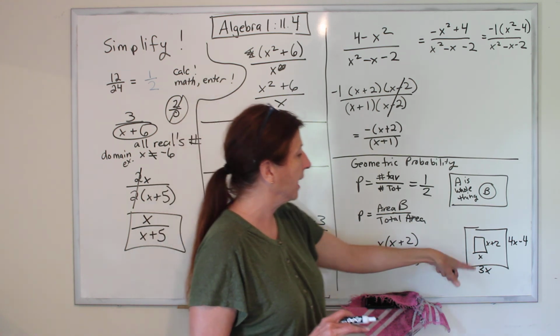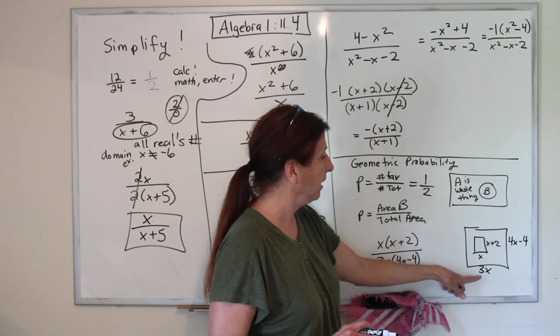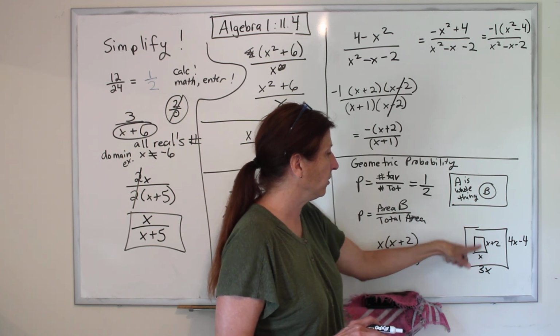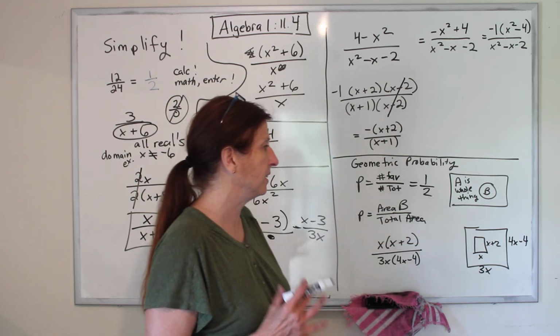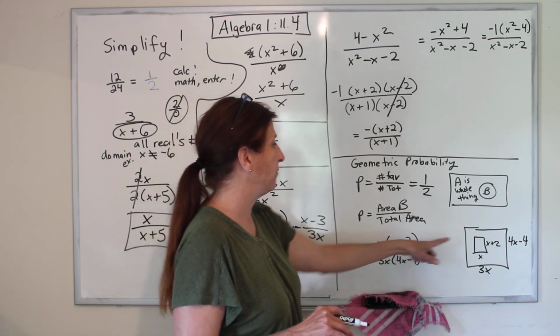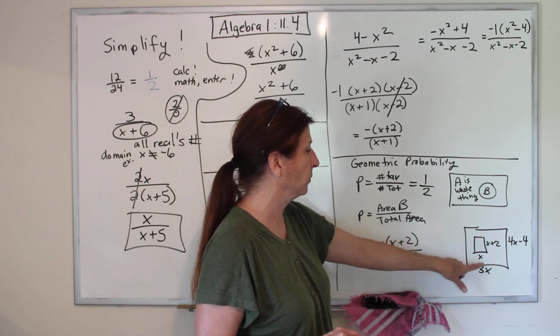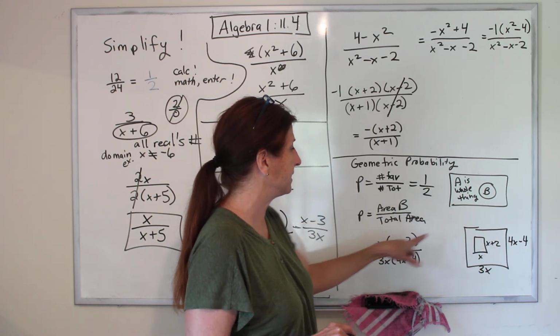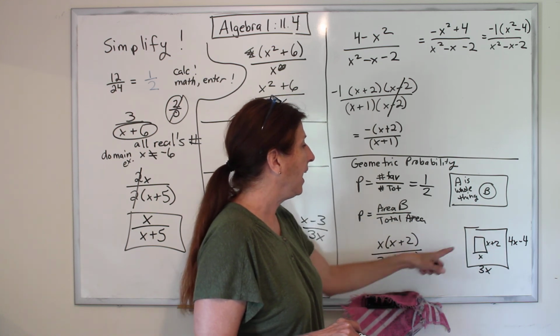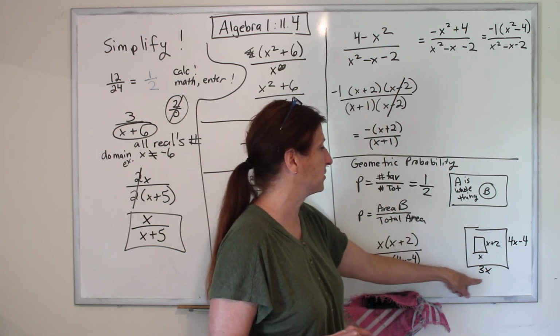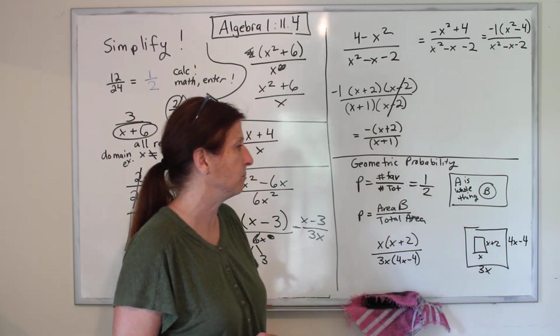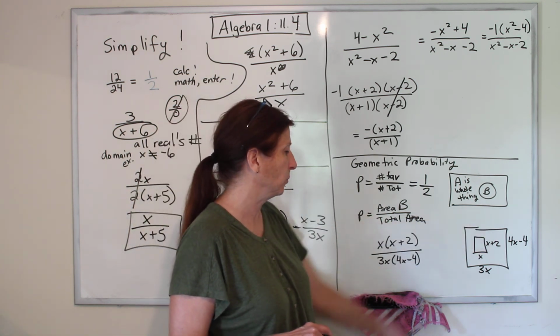Now here's another one. This is the whole thing, is this thing, and the little rectangle is what I'm trying to hit. So the favorable is the area of the little one, length times width, x times x plus 2. And the total area is 3x times 4x minus 4, length times width again.